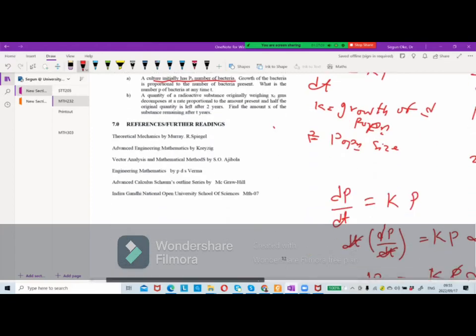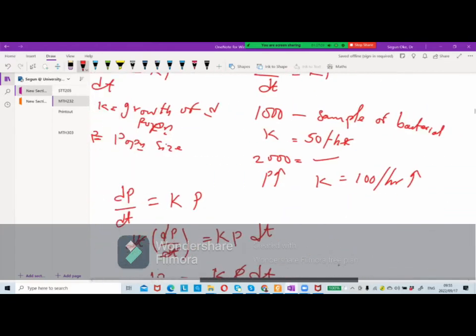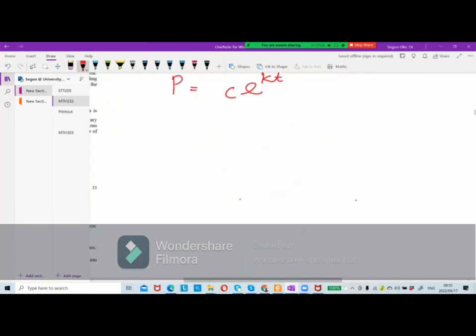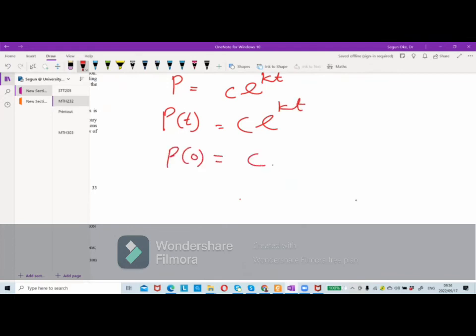So here we can proceed by saying that at P of 0, I have what? Remember P of T is C exponential KT. When T is equal to 0, what happens? I have C exponential of 0, right?